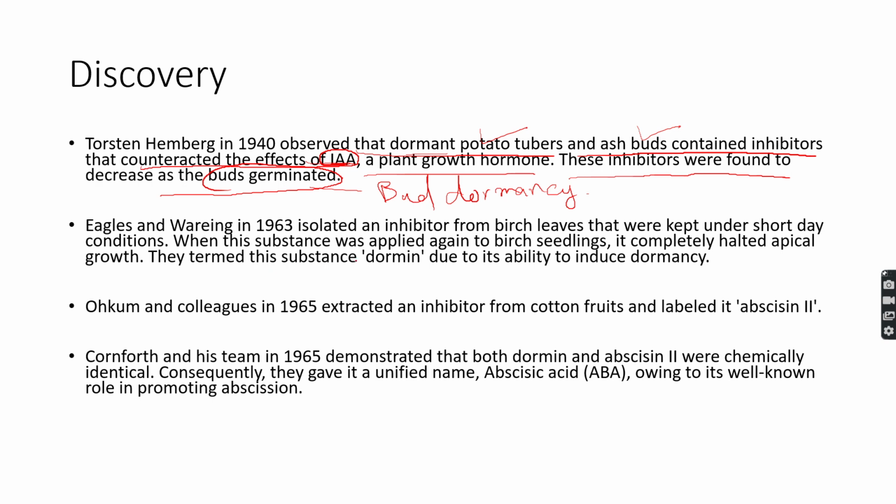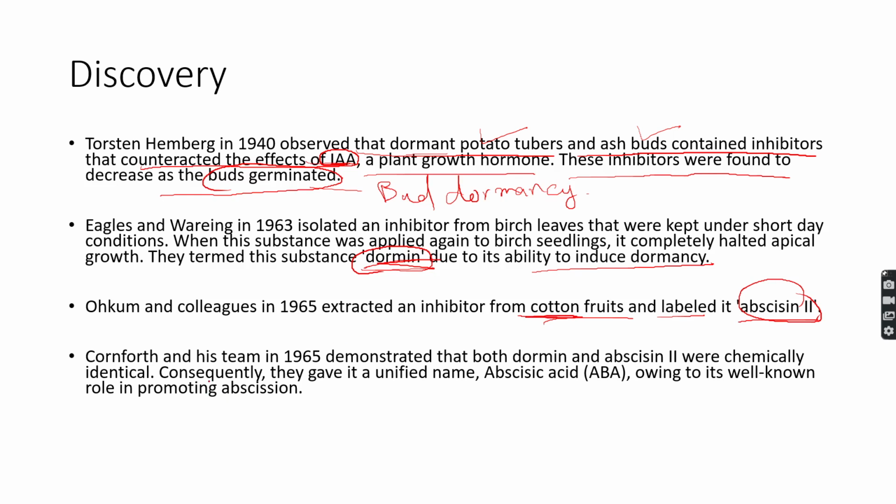They termed this substance dormin due to its ability to induce dormancy. So the first name for the chemical was dormin. Then Addicott and colleagues in 1965 extracted an inhibitor from cotton fruits and labeled it abscisin II. Another name was abscisin II, which was isolated from cotton.